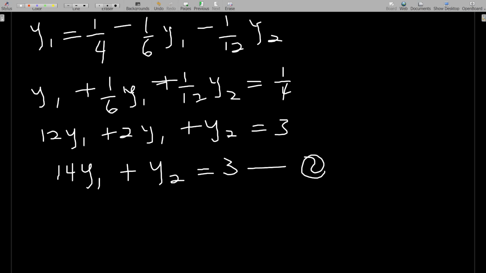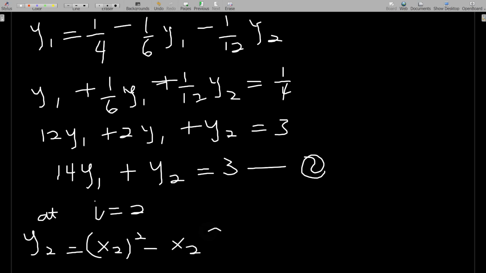Now at i equals 2, that's the last one, you have y2 being equal to x2 squared, okay, minus x2 into 1 over 3 y1 plus 1 over 6 y2.